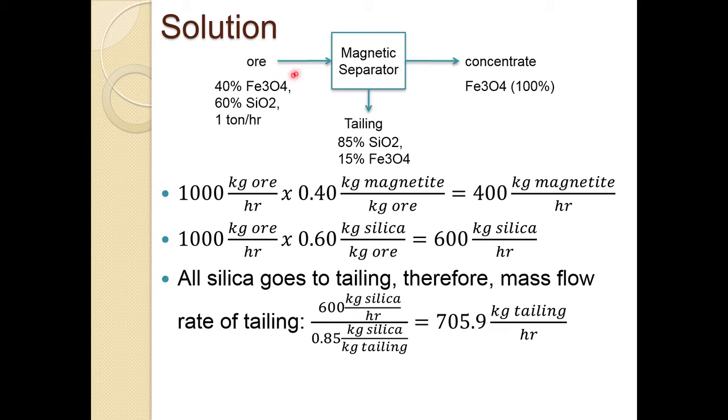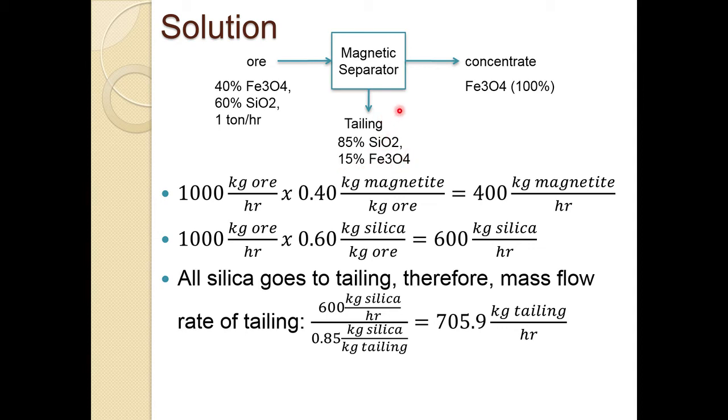So, in this case 40-60% is going in at 1 ton per hour, and the concentrate which is coming out is magnetite, which is 100% as given in the problem, and tailing is having 85% SiO2 and 15% magnetite.